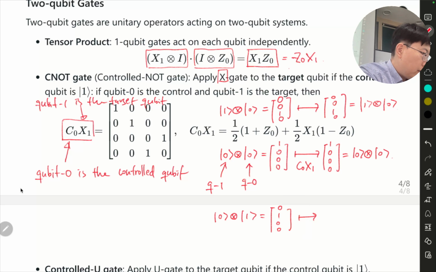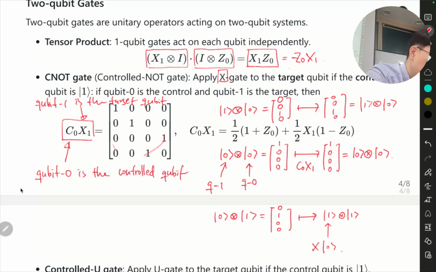Here, I think I made a mistake in this representation. Anyway, let me check again by taking a calculation. So now in this case, qubit 0 is in the state 1. That means I'm going to apply the X gate on qubit 1, which is the target. So this goes to 1, 1, because that's applying X onto the 0 state.